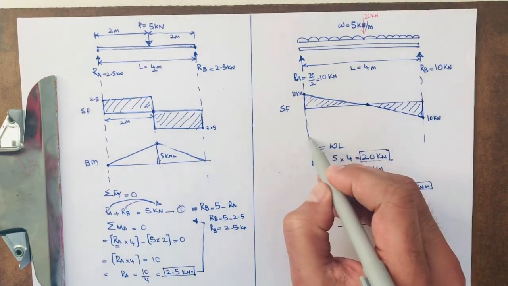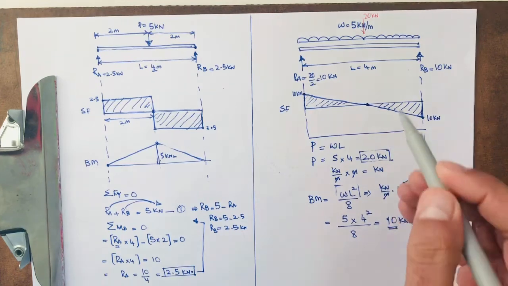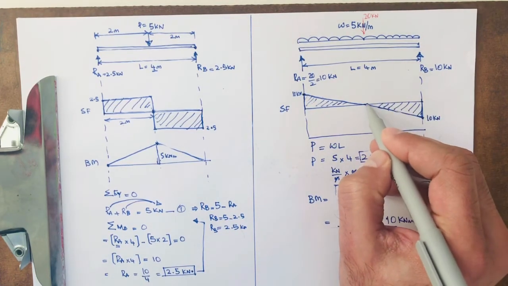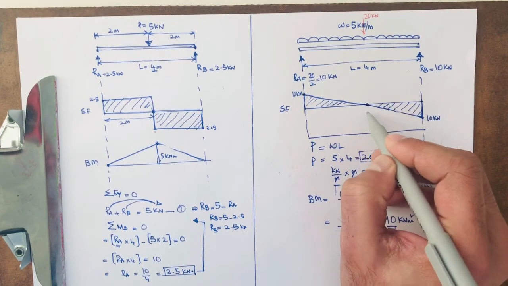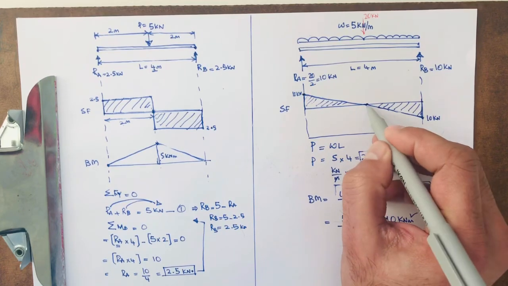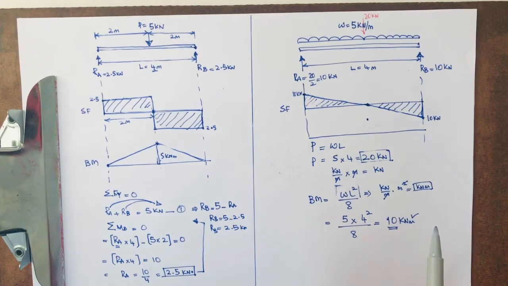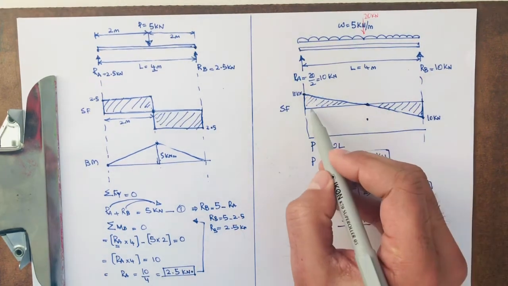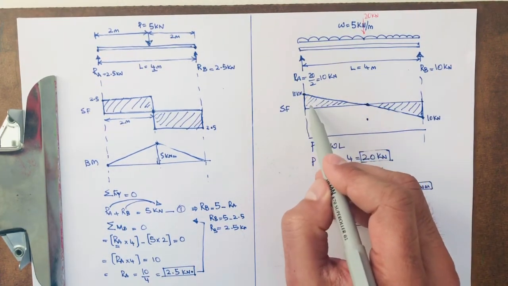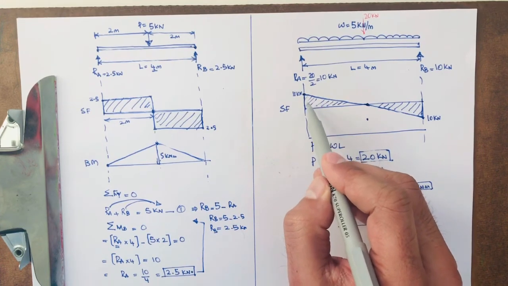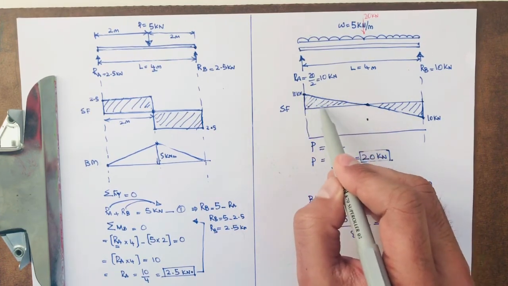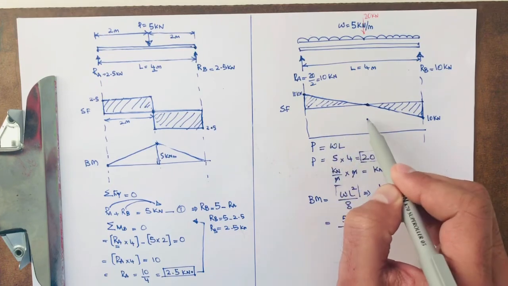Now to draw the bending moment diagram, as said, the maximum would be wherever we get the zero shear force, so we would have the maximum bending moment there. Again, you can use the area method, using the area of this triangle, and that will give the bending moment diagram here.